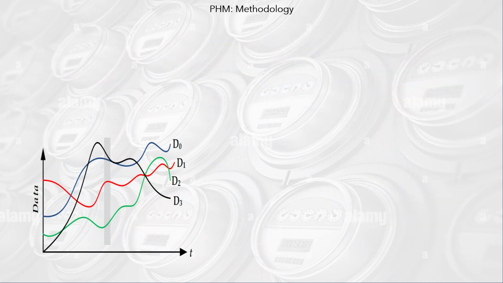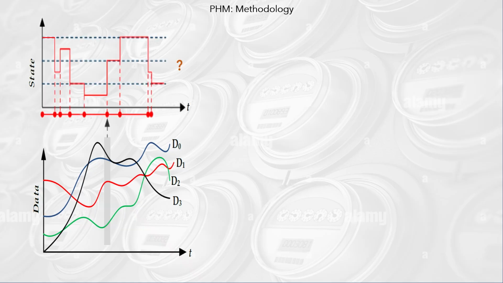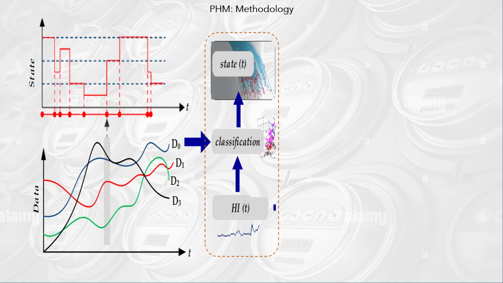Then, PHM steps are: sample data series that can be continuous variables, analyze data series and convert them into equipment states. The summary of the first part is: take data from the measurement system, classify and clean the data, and analyze the condition of components.